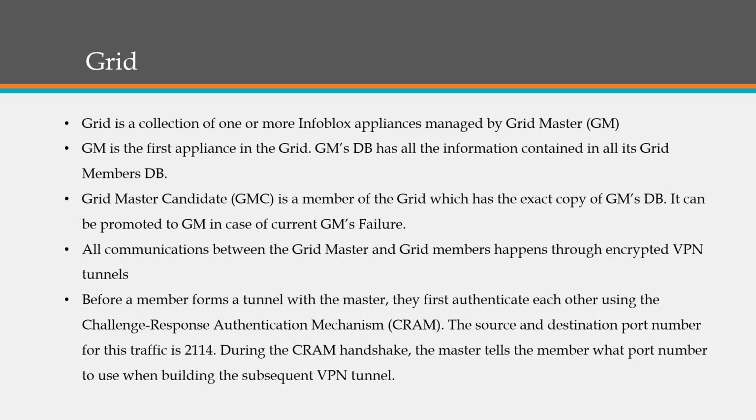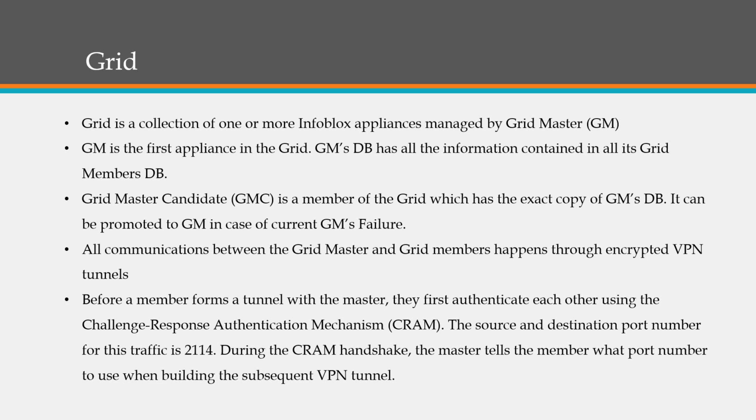It also checks the authentication details. This process is known as the challenge response authentication mechanism, and the source and destination port used for this traffic is 2114. If the CRM handshake is successful, the master tells the member which port number to use when building the subsequent VPN tunnel.